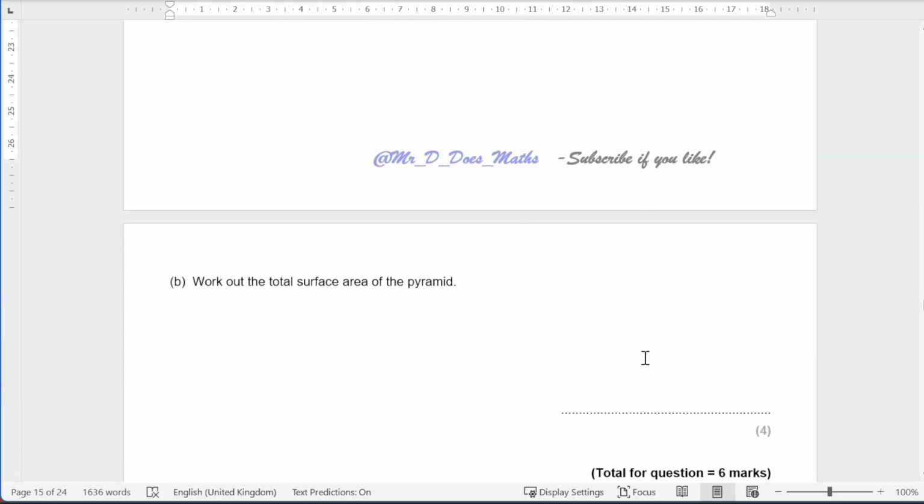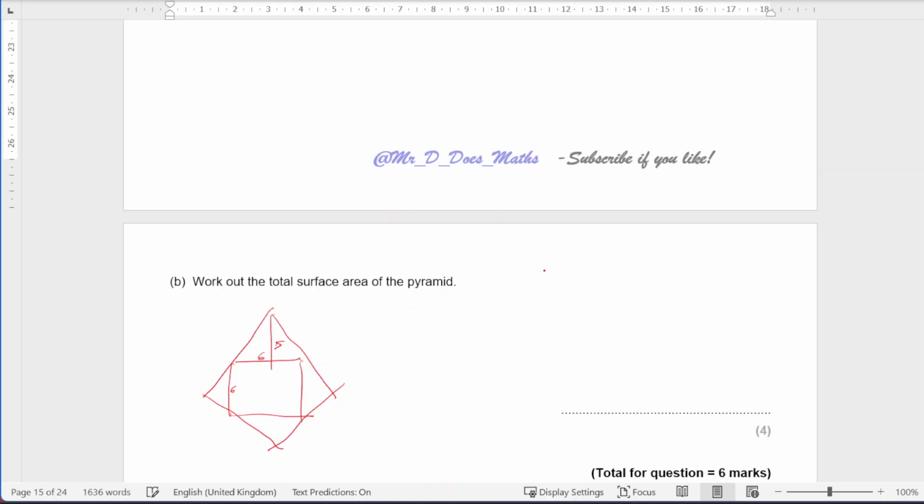Work out the total surface area of the pyramid. So in effect, I'm going to draw a really simplistic net of a pyramid. In effect, that's going to be the surface area. We've got 6 by 6. And we know that the slant height of it is 5.